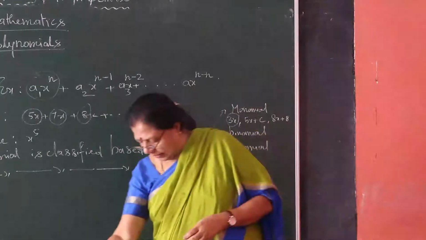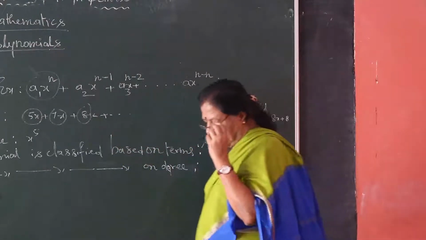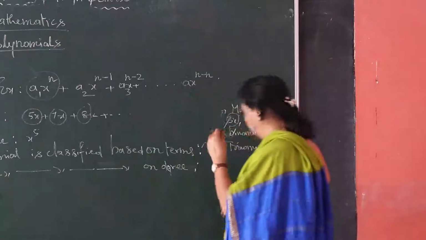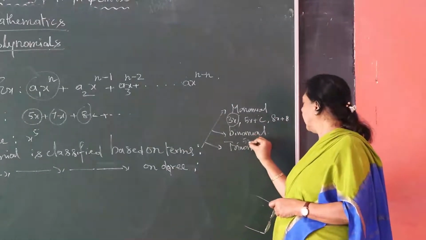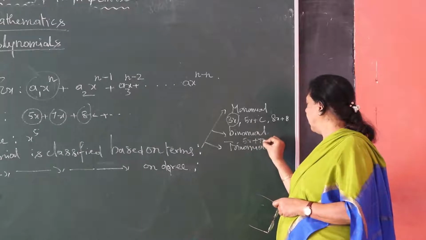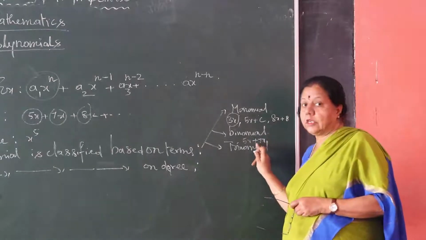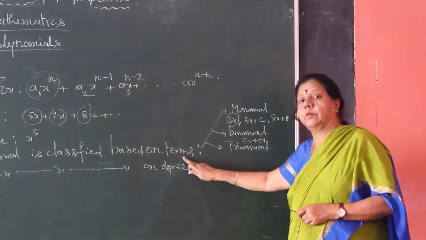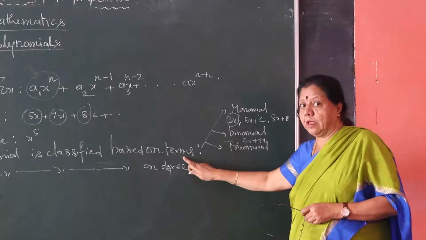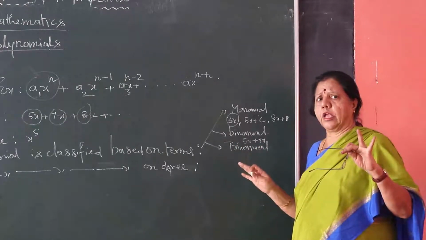That is given in your book. See here, 2 terms: binomial, 5x, 7x. See, binomial, 2 are there. Terms, not power terms. Try to understand me. Binomial, 2 with power also you can say.